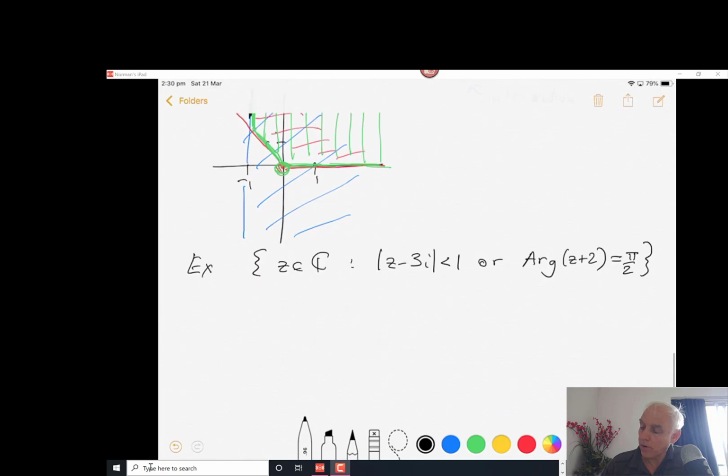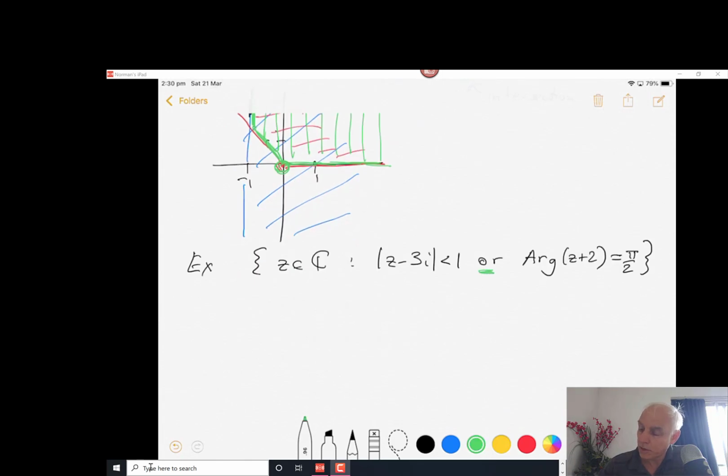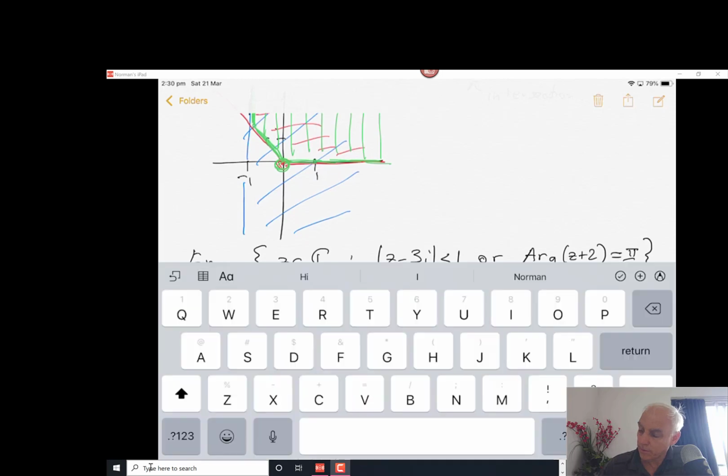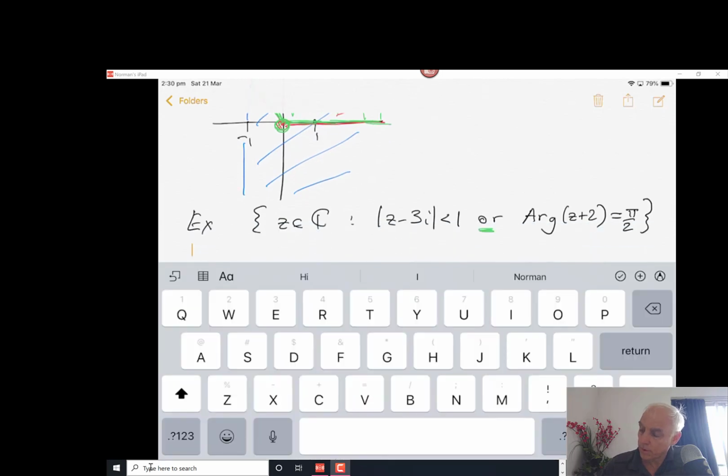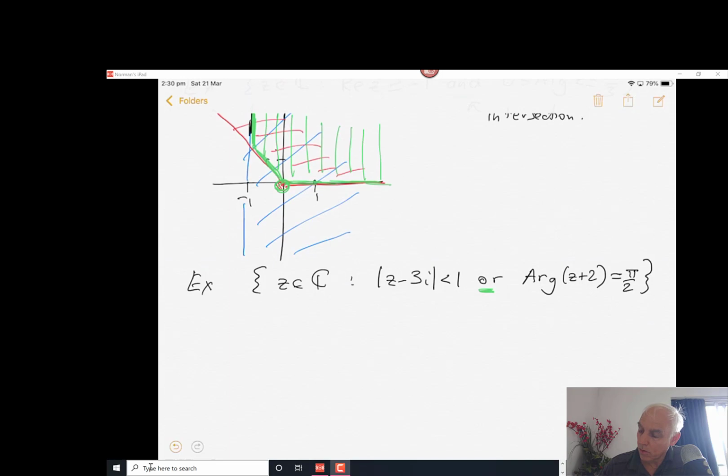Okay, this is an or, so the or is like a union. We're talking about points which satisfy either this first condition or the second condition.